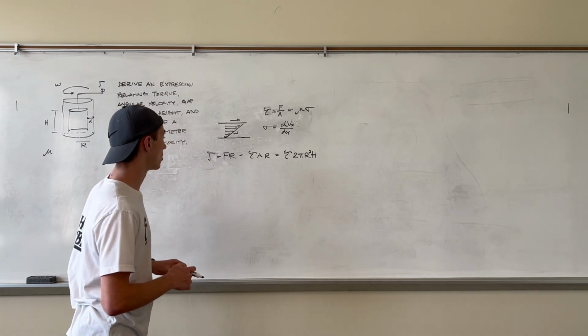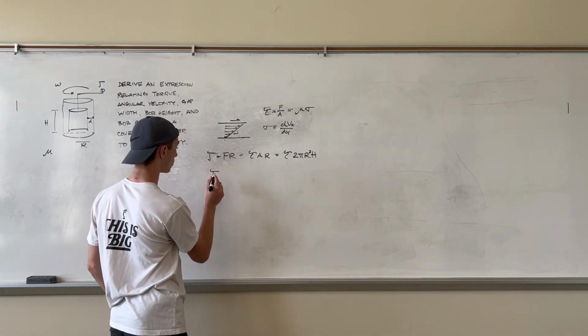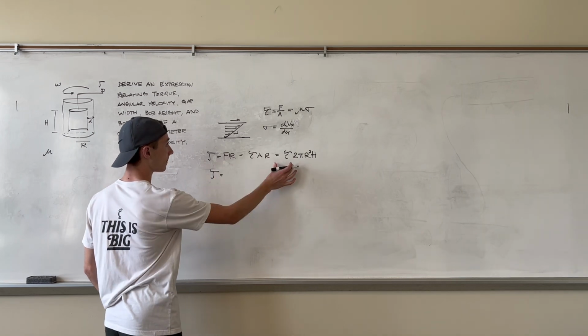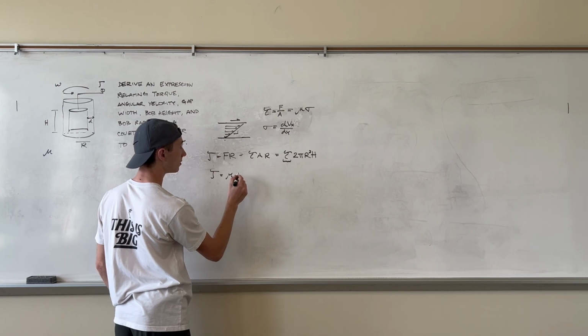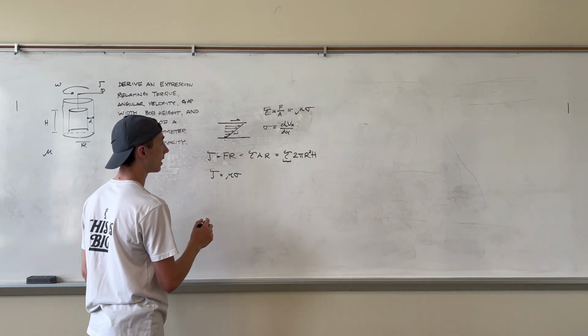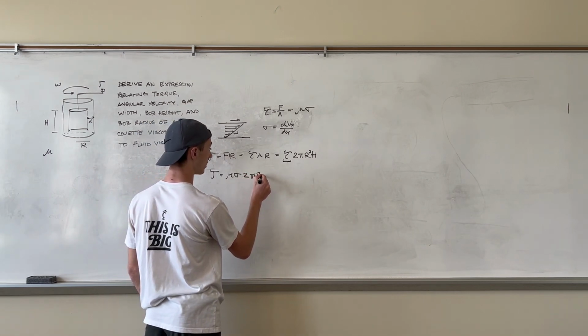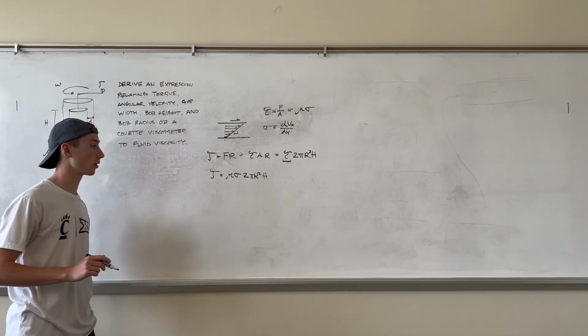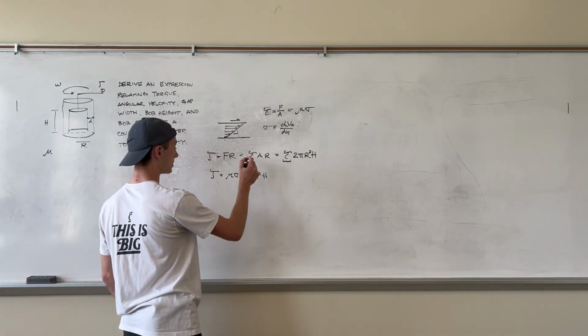So we now have torque equals mu sigma times 2 pi r squared h. We're almost there.